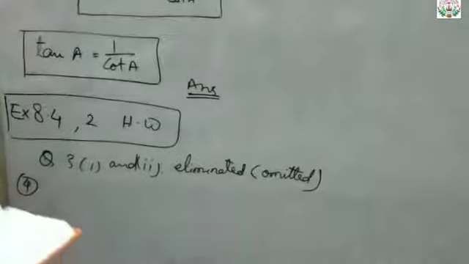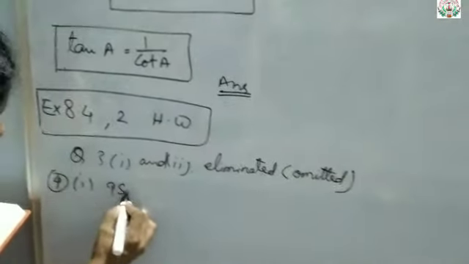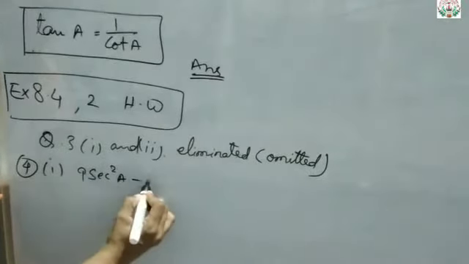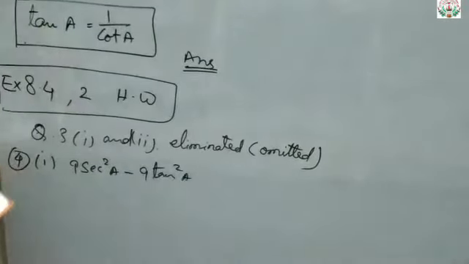That is the fourth question. First one is choose the correct option and justify your answer. First one is 9 sec square A minus 9 tan square A, how much will you get?